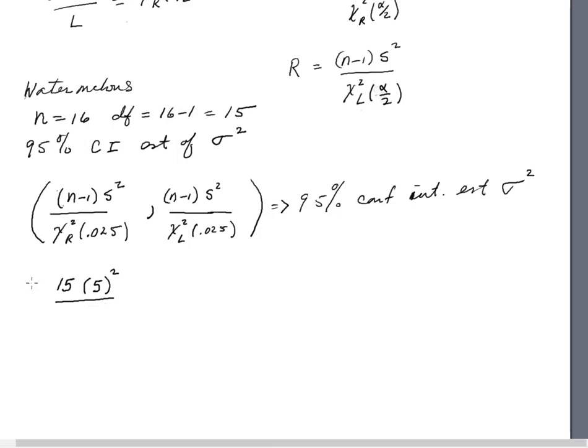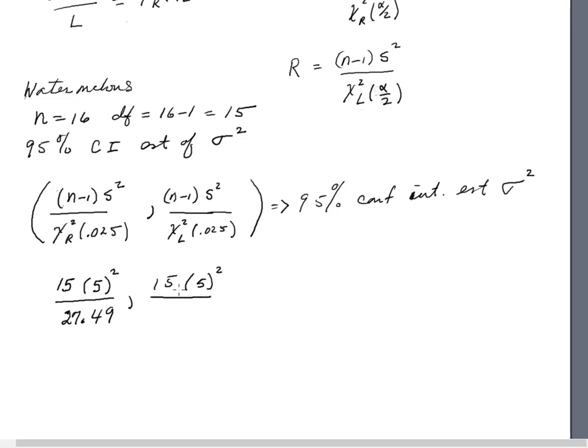And this value would be 27.49, 2 decimal digits is enough, comma, 15, 5 squared.